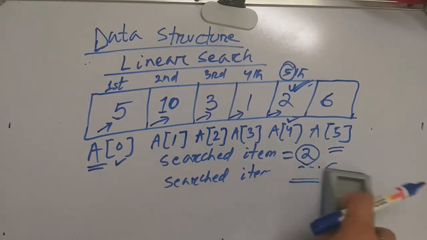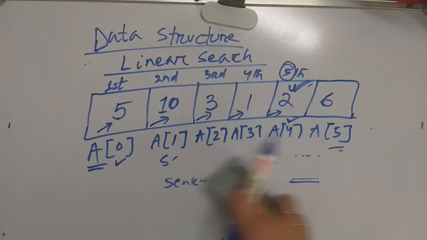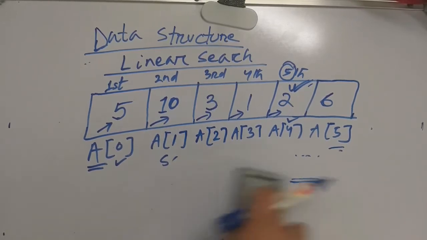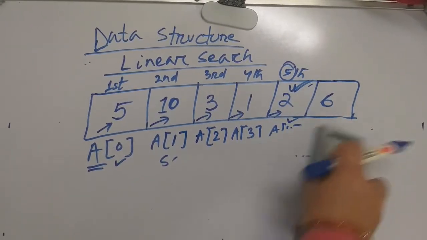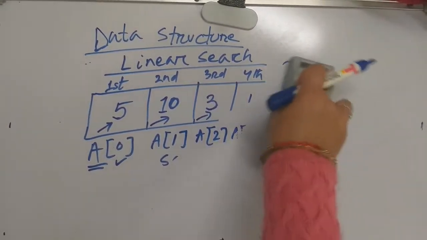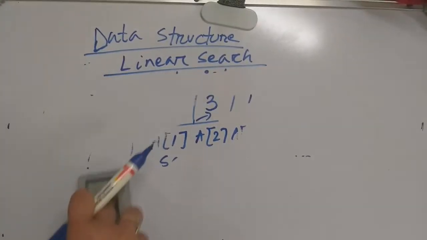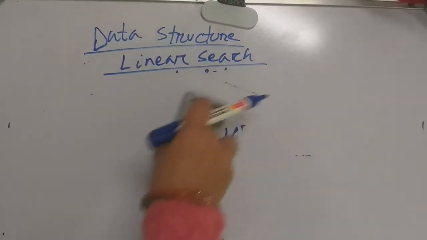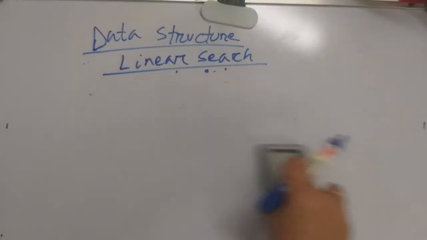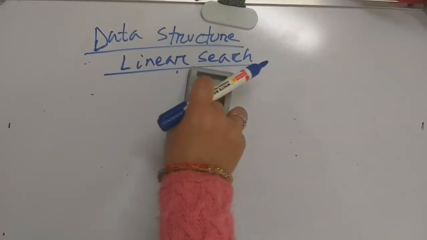Okay. So next we write the algorithm for the linear search. So what is the algorithm? Here we write it, and then I explain that particular algorithm and how we write the program. We convert the algorithm to a programming language.